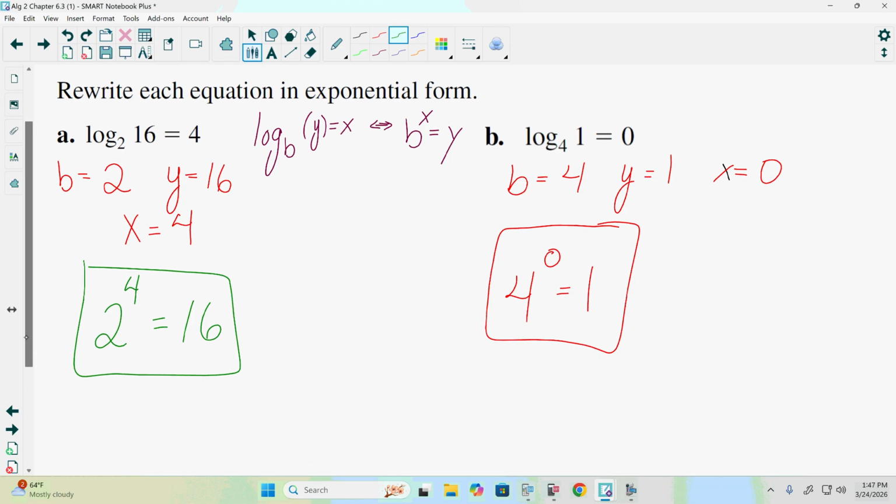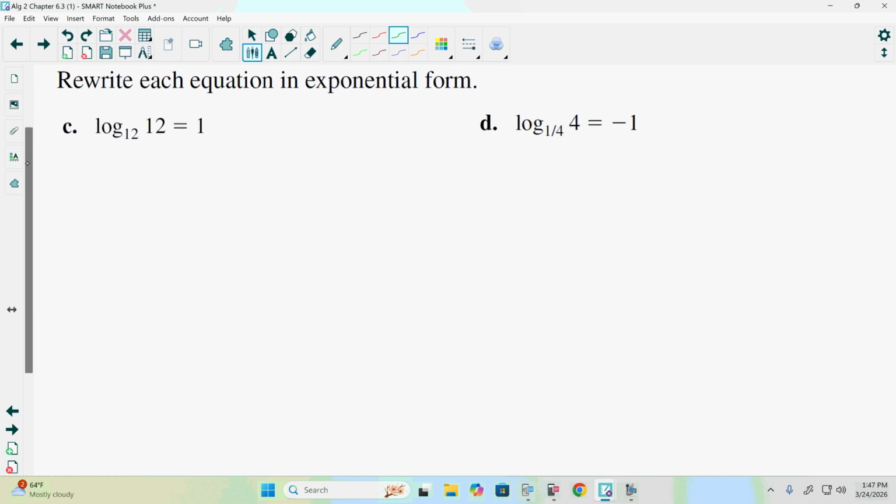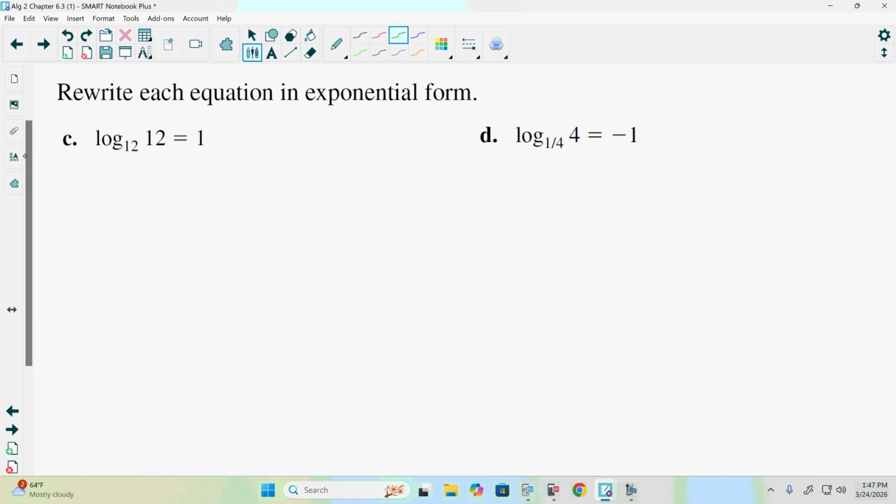Questions on these first two here? Let's look at the next one. We want to rewrite log base 12 of 12 equals 1.